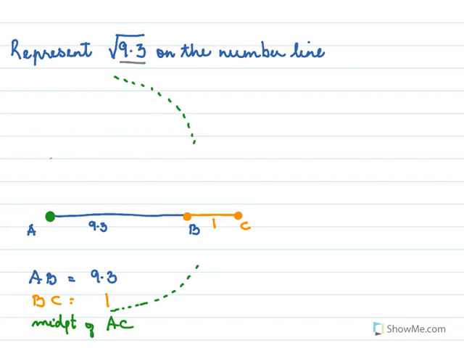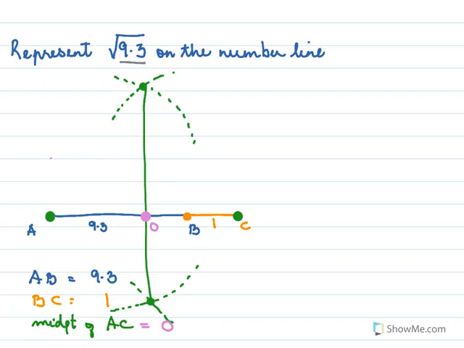Now keep your compass at C and with the same radius cut your previous arc. You've seen the arc is cut at these 2 points. These are the points of intersection of the 2 arcs, and you now join those 2 points. This center that comes here is your O. So you found the midpoint of AC as O.